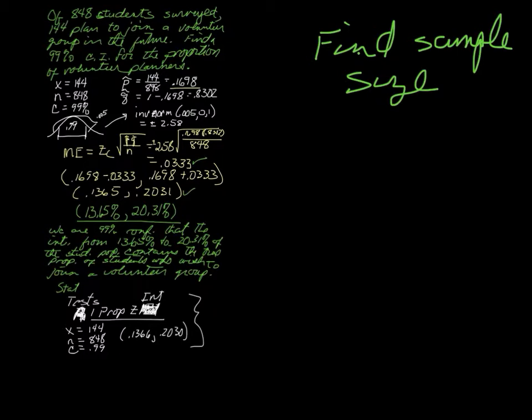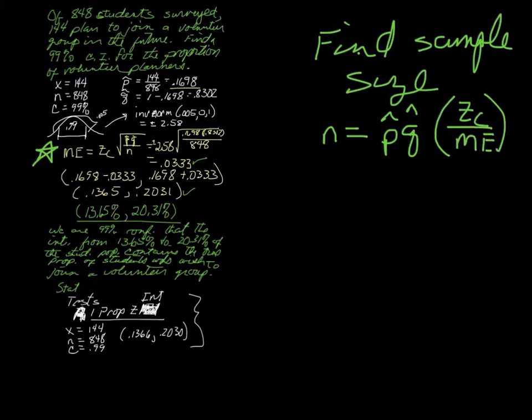We use a formula. We take the margin of error formula, which I have written right here. We take that and we solve for n, and when we solve for n, we get n equals p hat q hat times the critical value over the margin of error, squared.